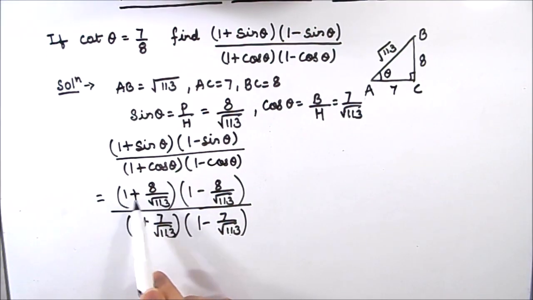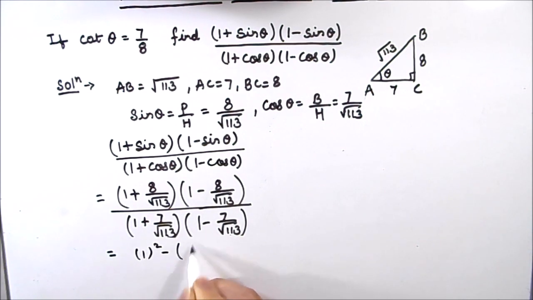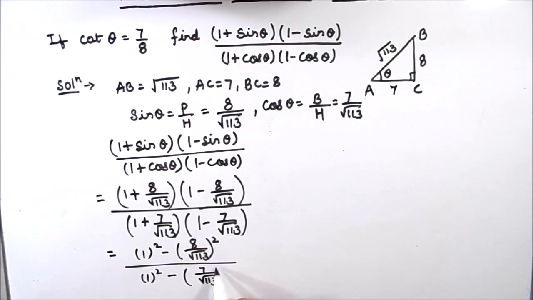So this is A plus B times A minus B, and the same is here, A plus B times A minus B. So A plus B times A minus B will give us A square minus B square, and whole divided by A square, which is 1 square, minus 7 by root 113 square. Now we'll solve it here.